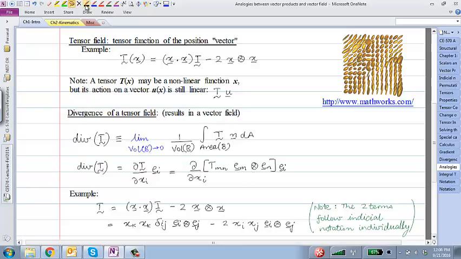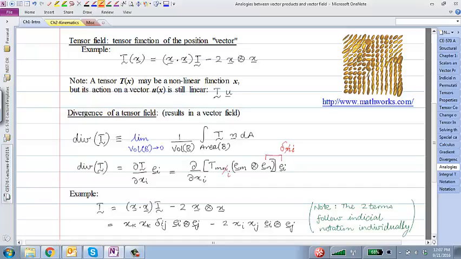What would be the result of e_m dyad e_n acting on e_i? It would indeed be the dot product of these two vectors, which in this case is delta_ni. I can contract out n here with this n and replace that with i.